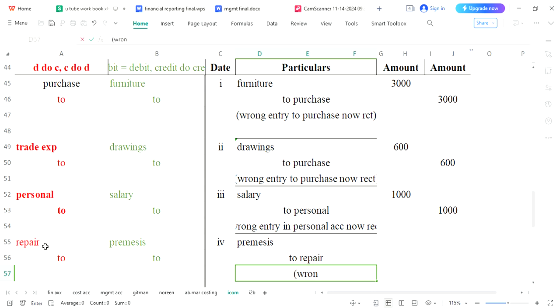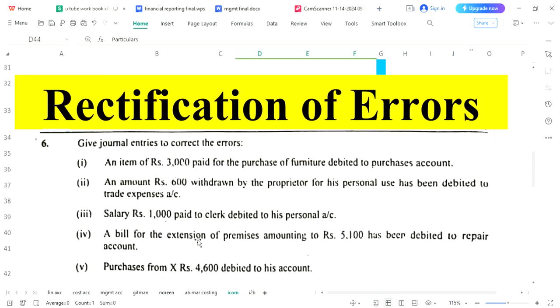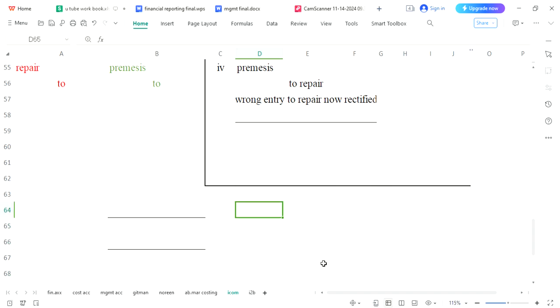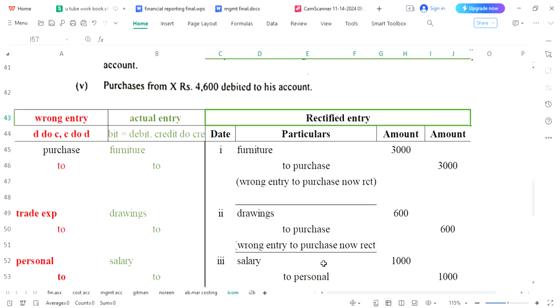You will write: wrong entry to repair, now rectified. Alright. So how much was the amount? 5100. So you will write 5100 on the debit side and the same amount would be written on the credit side.